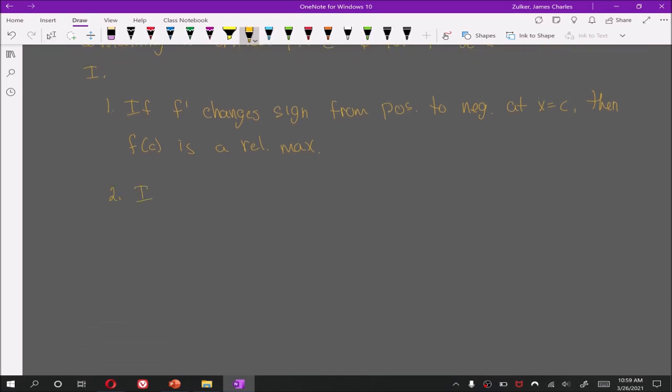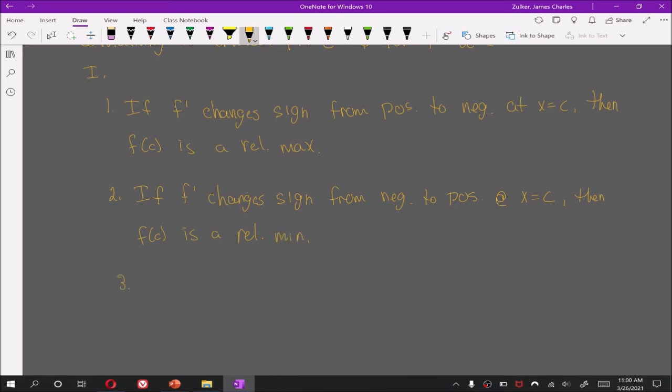Two, if f prime changes sign from negative to positive at x equals c, then f of c is a relative minimum.